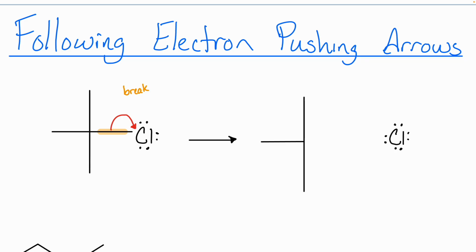All right, this is probably the hardest example of the 3 up here for following your charges. So if we look here, my chloride has that bonding pattern of that -1 formal charge, right? 4 lone pairs, no bonds. And if I look, what am I missing here? I need a positive charge, right? If I look over here on the left, everything's neutral. That means over here on the right, everything's got to be neutral as well.